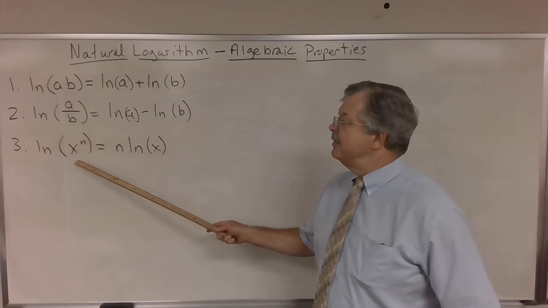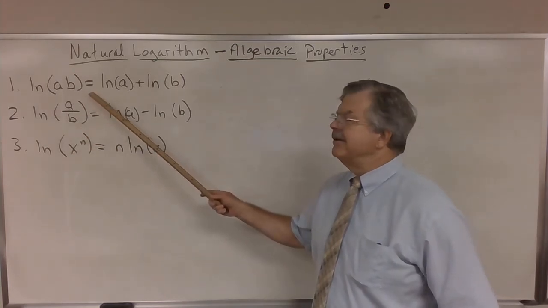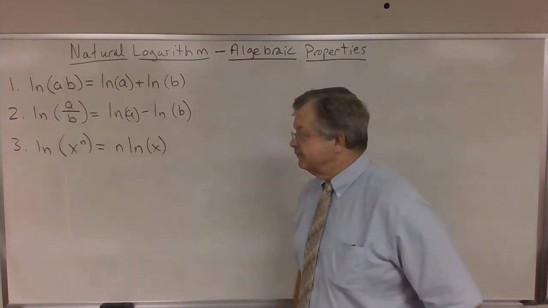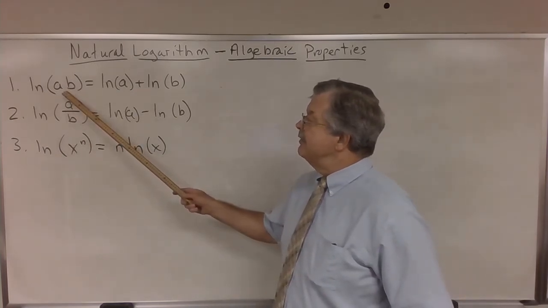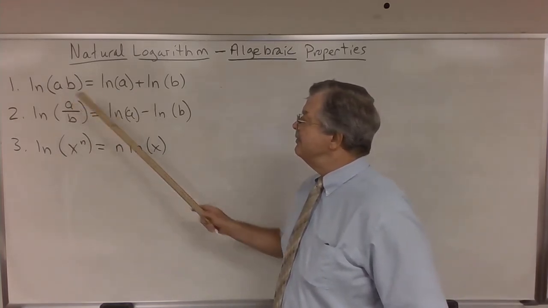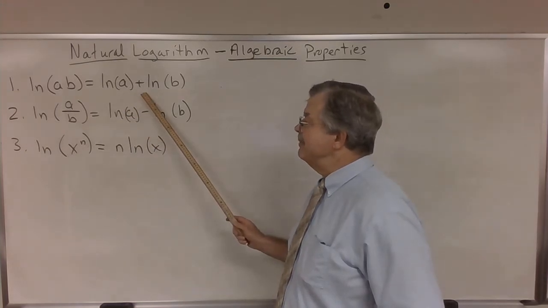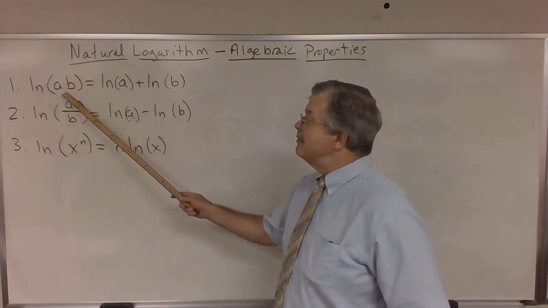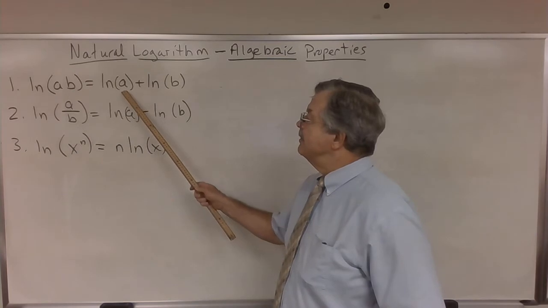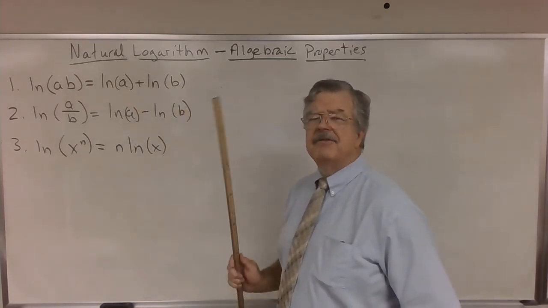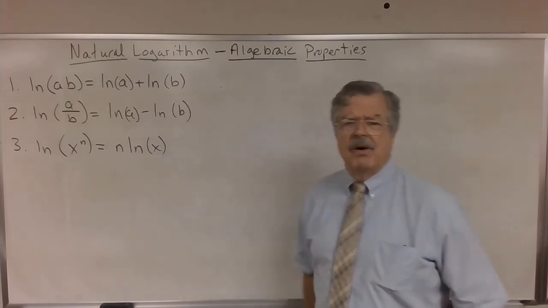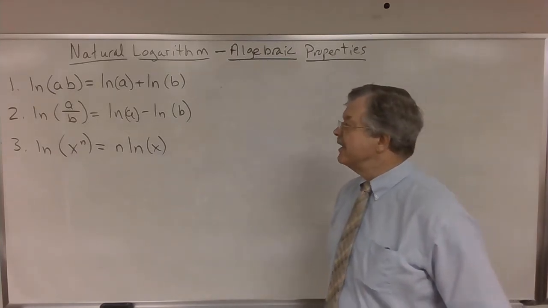And properties 2 and 3 pretty much spring from property 1. A logarithm is a function that converts multiplication into addition in this manner. The logarithm of a product is the sum of the individual logarithms. That's the fundamental property that all logarithms have.